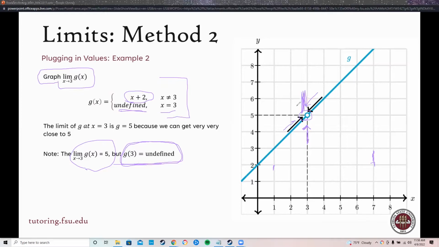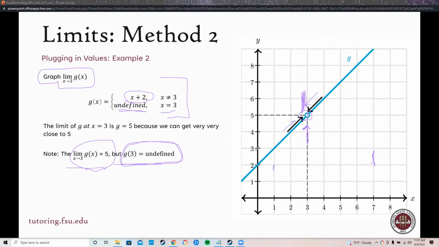This is a non-differentiable point. However, it's still continuous because there's still a value 5, there's still a limit there. If the limit can be taken, then you have a continuous function. It's just not differentiable.